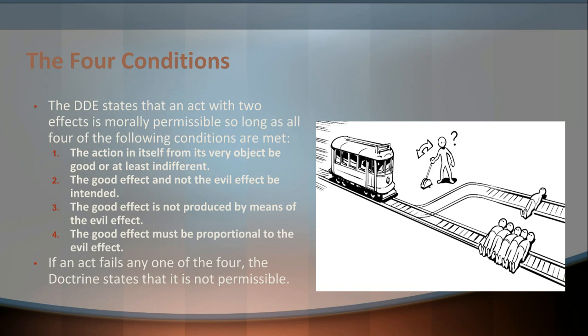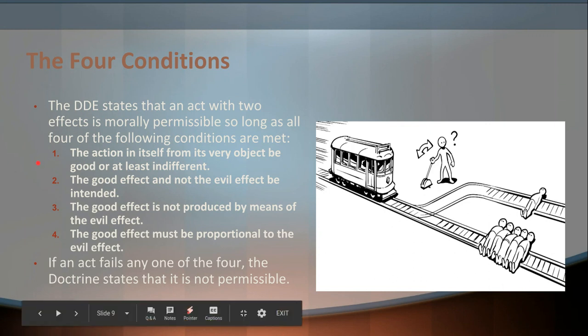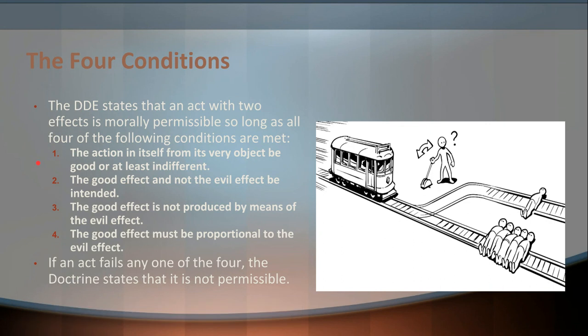So let's run through these four in a little bit more detail, and rephrase them in perhaps more ordinary English. First off, the action in itself, in its very object, must be good or at least indifferent. So here we're looking at the nature of the action in question.